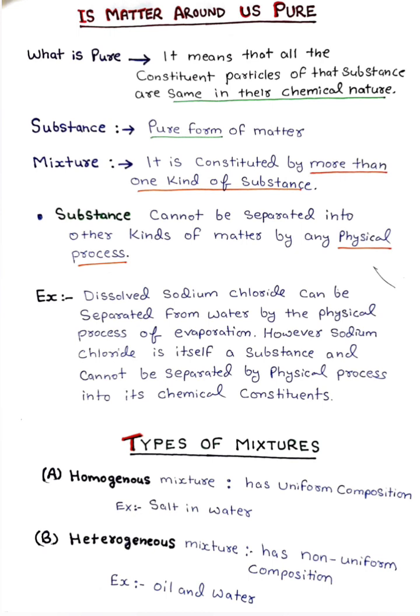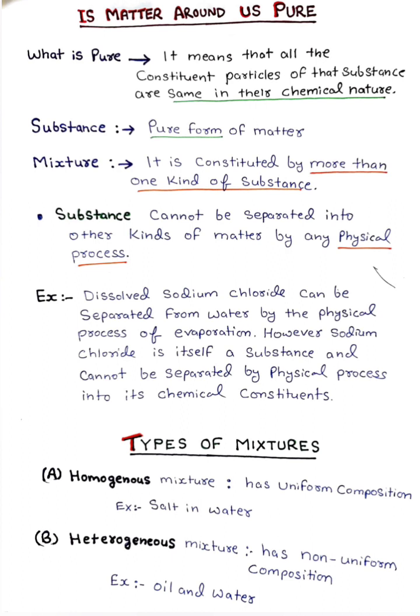Now we will start the lesson. Is matter around us pure? If we say that anything is pure, it means that all the constituent particles of that substance are the same in their chemical nature. Substance. What is a substance? A substance is a pure form of matter.